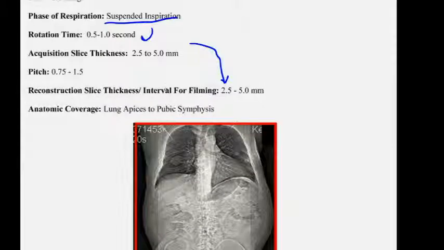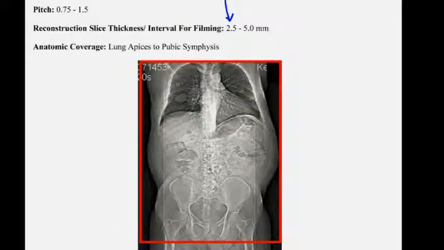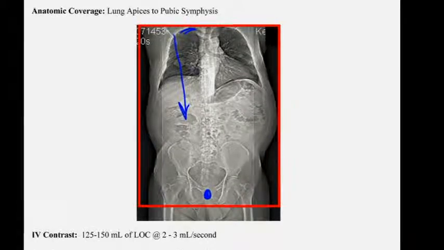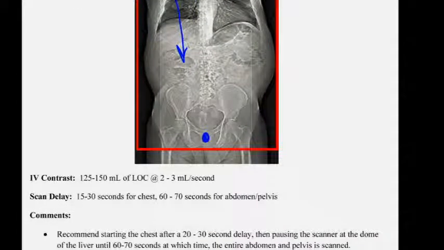And this is going to be a very lengthy scan, and that's why I'm in favor of utilizing many times 5 millimeters for filming, because it just makes the scan a little easier to look at in terms of PACS. But you're scanning from the diaphragm all the way down to the pubic symphysis. So this is quite a large area to be covering at one specific time.